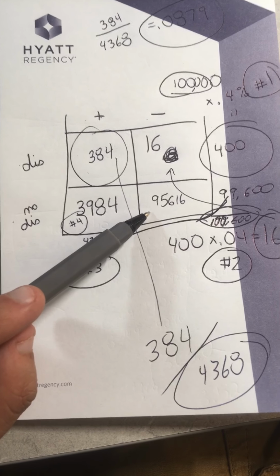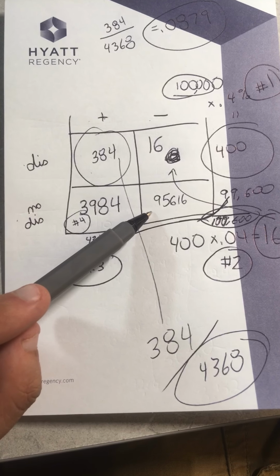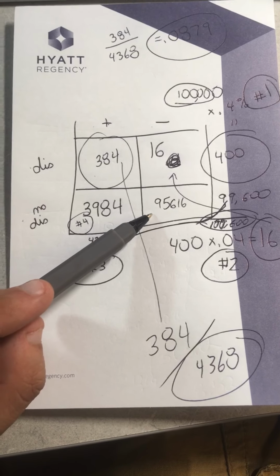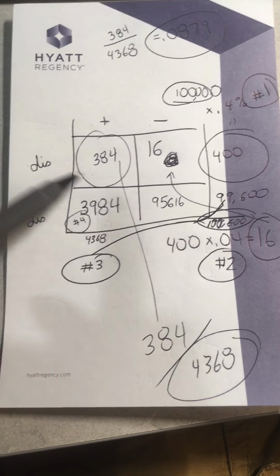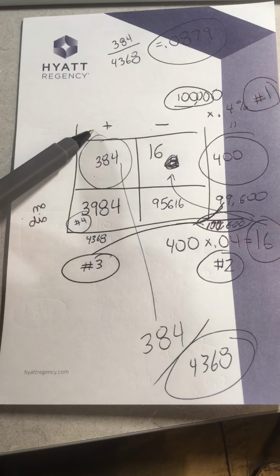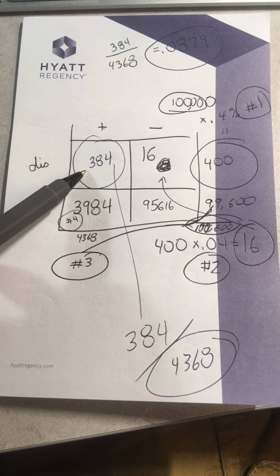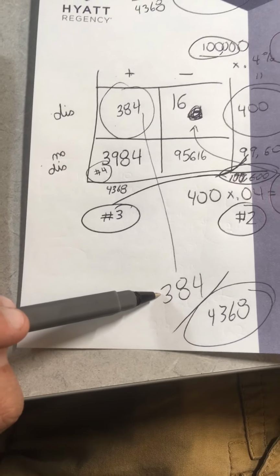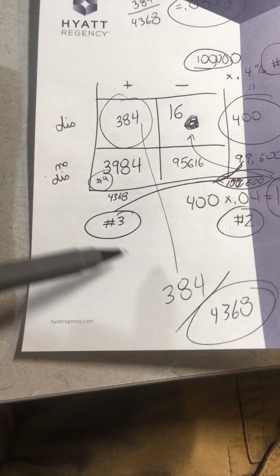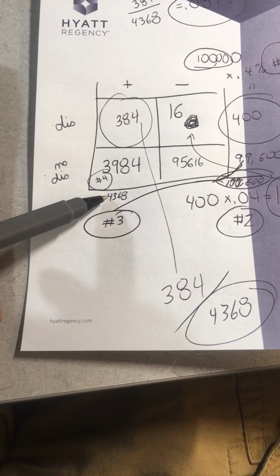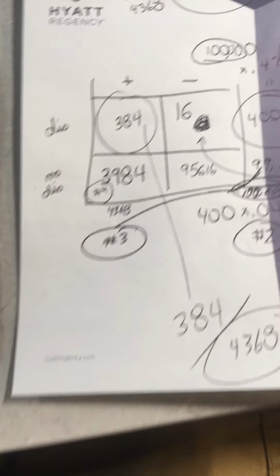Now the ultimate question here is, what is the probability that a person who tests positive actually has the disease? So that a person who tests positive actually has the disease. That would be 384 over the total number of people that test positive, 4368.